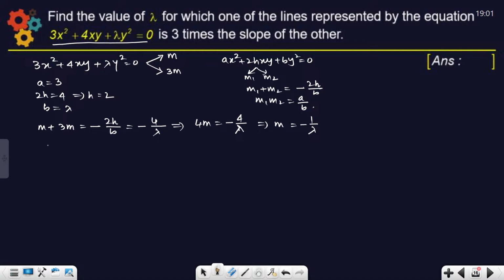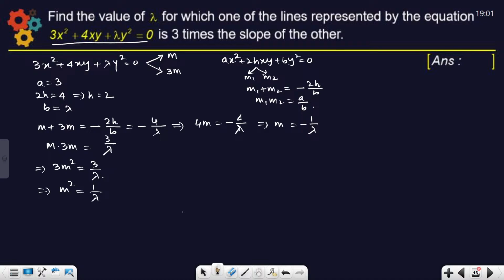Clear? Now, the product of two slopes is what? It's a by b. A by b means it's 3 by lambda. That gives us 3m square is 3 over lambda. Yes or no? So we are getting m square as 1 over lambda.